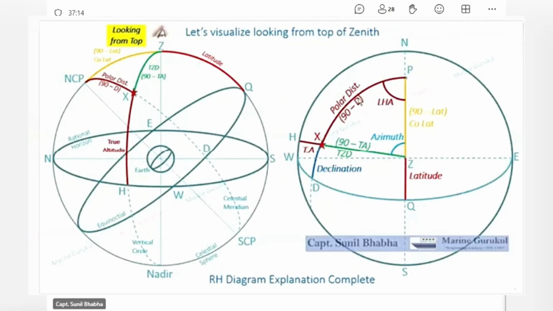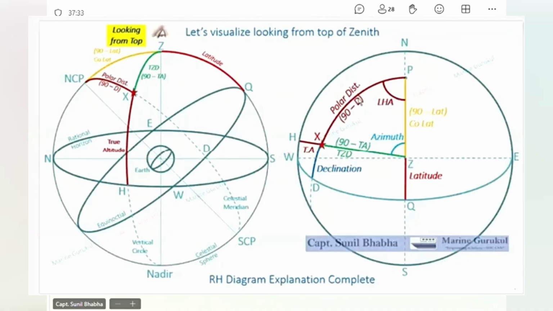In this presentation, we are going to learn about circumpolar bodies. Circumpolar means making circles around the pole. Now, fundamentally speaking, all the celestial bodies move in circles.